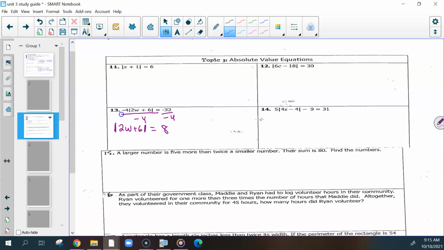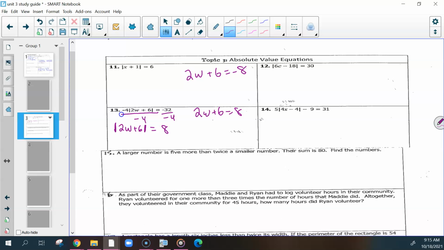And then once that absolute value sign is isolated, set the inside equal to a positive and a negative version of 8 and solve. Without the absolute value sign.